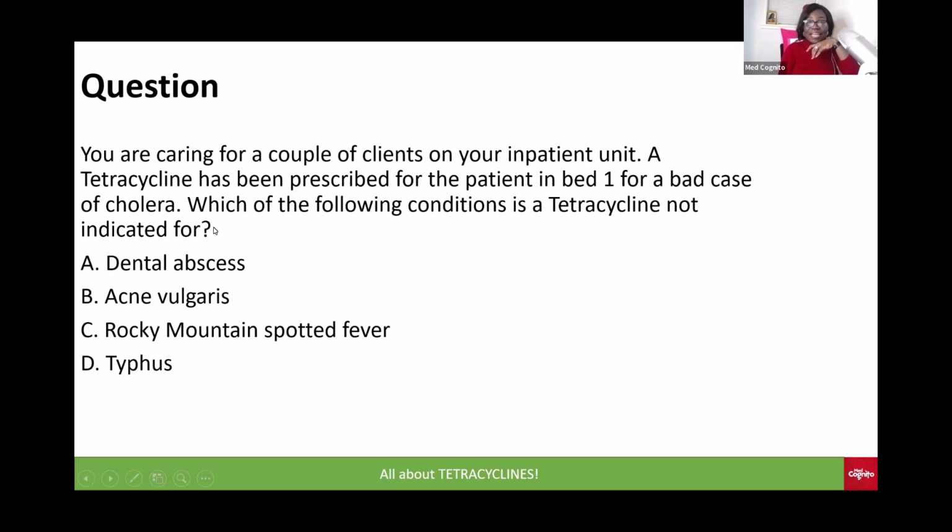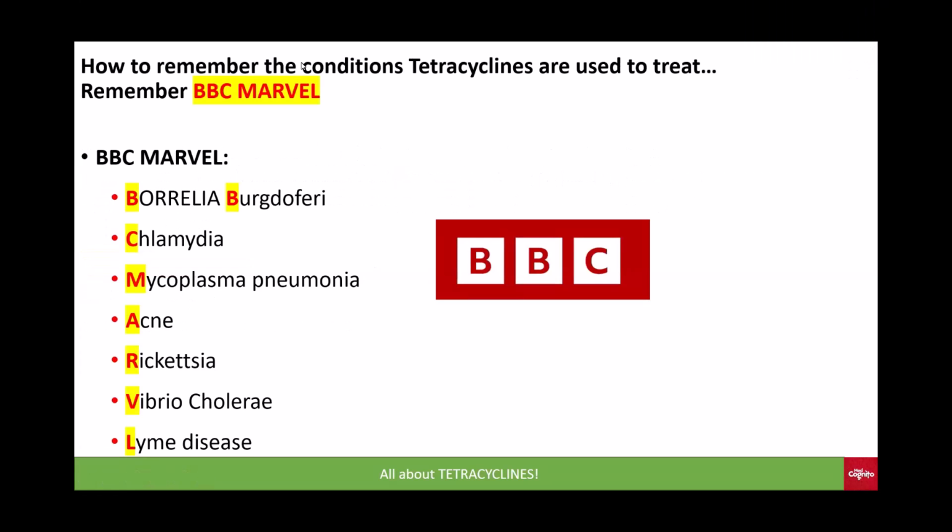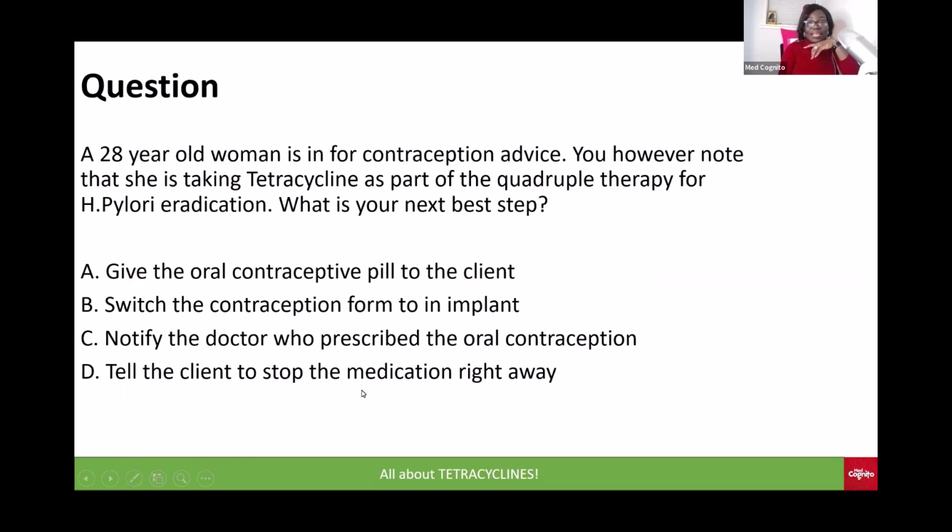So remember that it is used in treating acne, Rocky Mountain spotted fever. It is also used in treating typhus. So the answer is dental abscess. So remember this mnemonic, BBC Marvel. I hope you remember it. It will help you to remember the indications for tetracycline. So let's take the last question.